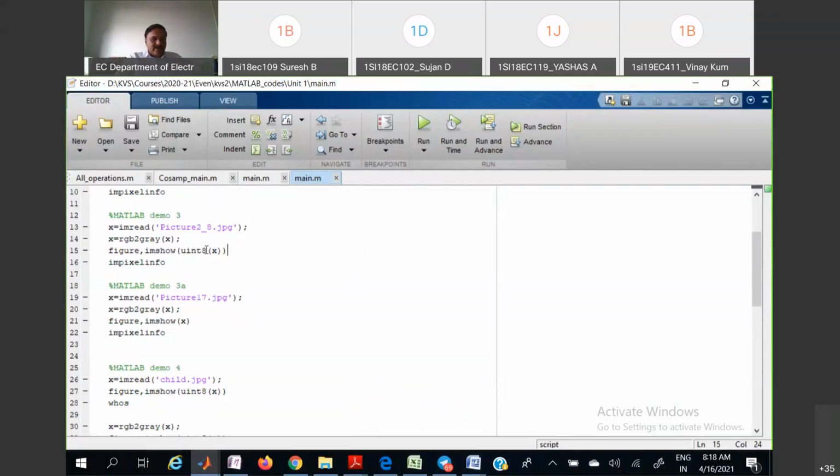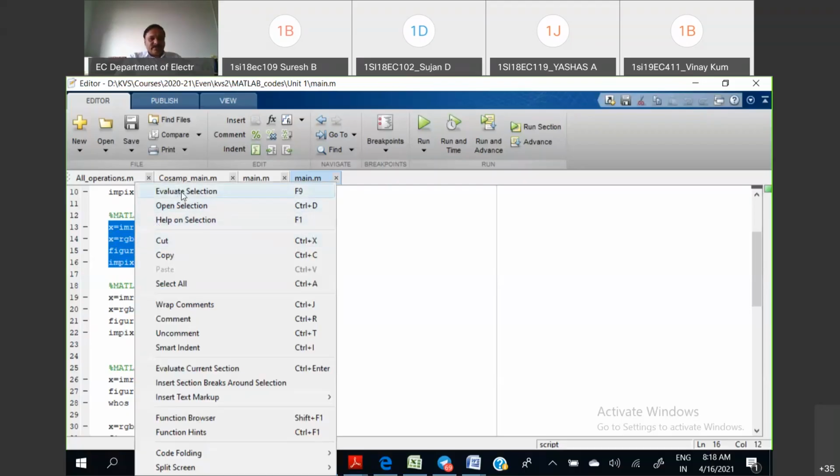I'm just reading an image. It is actually an RGB image, so there is a command to convert an RGB image to a gray image. RGB to gray will convert an RGB image to a gray image. And I am showing it as an image and then I'm running imPixelInfo to see the values.